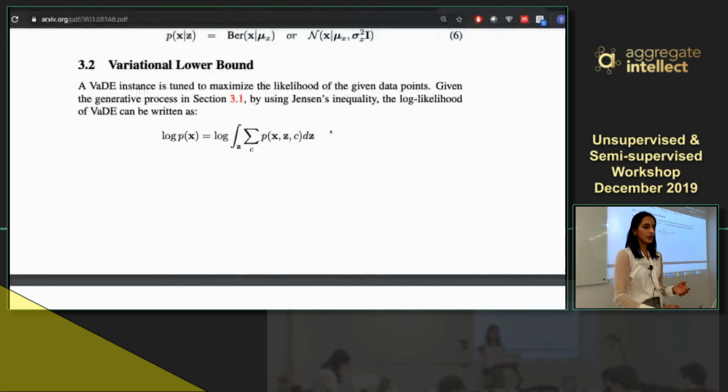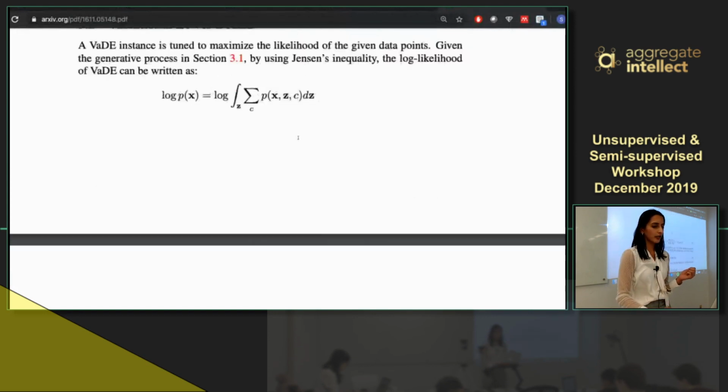So this is the log likelihood of VaDE, and it's a joint probability of x, which is our input, z, the latent space, which I mentioned, and c, which is the clustering. So the pi, mu, c, and log c we just set into our code. That's the three things that we need to combine within this error function.